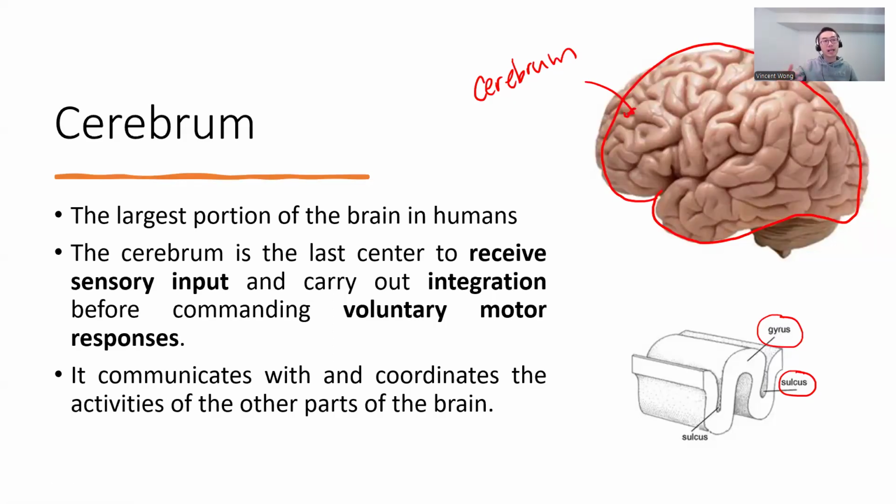Depending on which kind of sensory information it is, it will end up at different locations. If it's related to vision, it's going to go to the occipital lobe. If it's related to smell, it's going to end up at the temporal lobe, right? So it will get distributed to the correct lobes of the cerebrum.